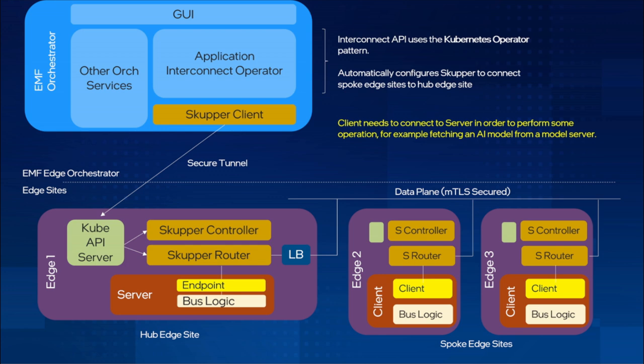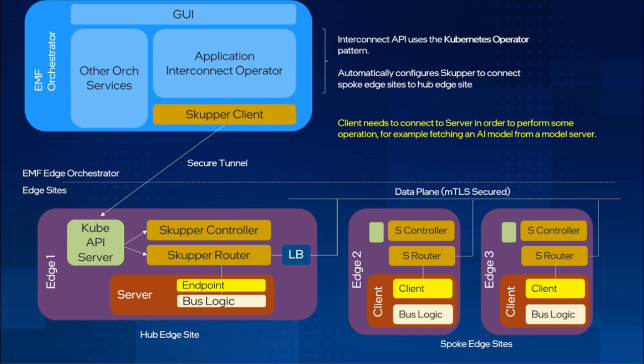Now we have leveraged a component called Skupper that does this, and Skupper runs a local router on each edge cluster, and it will create the mTLS secured tunnel between the edge clusters for you. So your client application need not be aware that it is accessing a remote server or that it is going over a secured connection.